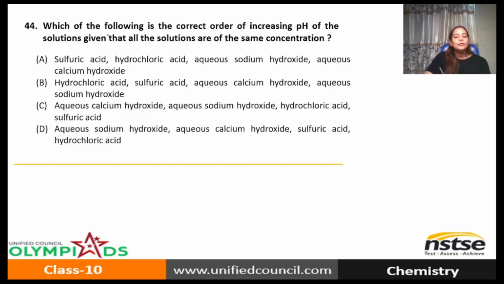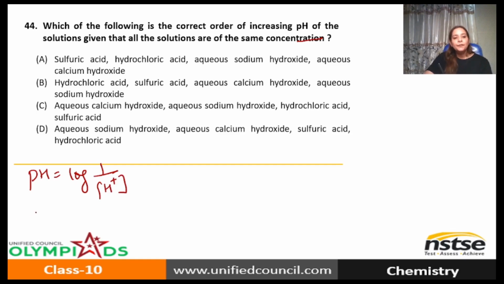Next question. Which of the following is the correct order of increasing pH of the solutions, given that all the solutions are of the same concentration? Now, when we talk about pH, we know that pH is the negative logarithm of hydrogen ion concentration.